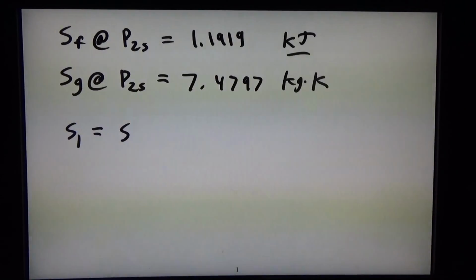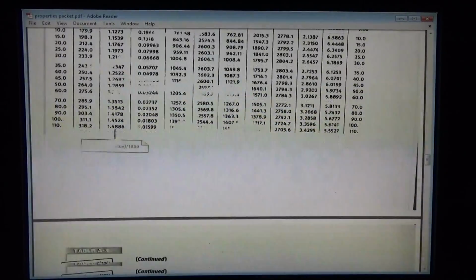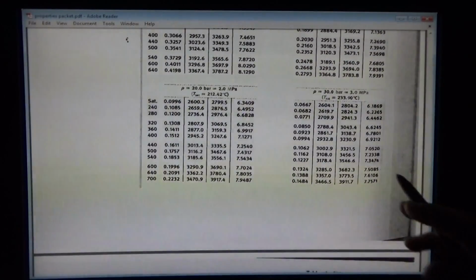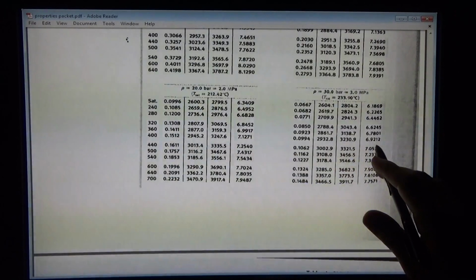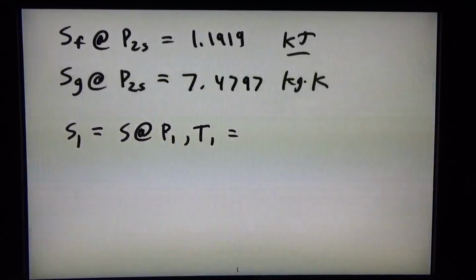S1, we find the same way that we found H1. It's going to be specific entropy at P1 and T1. P1 was 30 bar, and T1 was 400 Celsius. So at 30 bar and 400 Celsius, S is 6.9212.